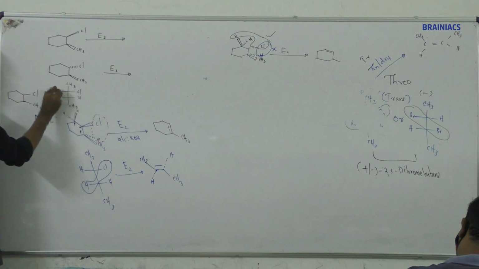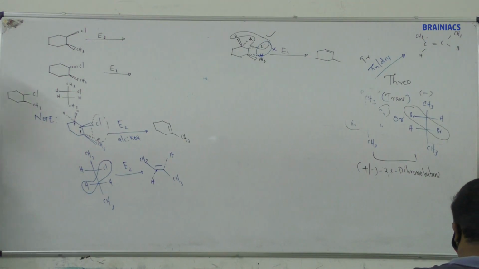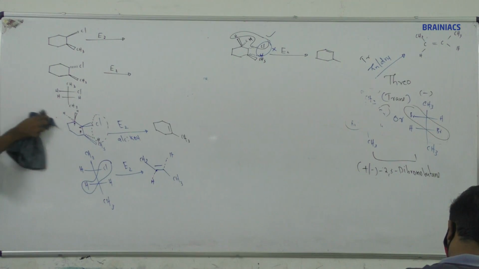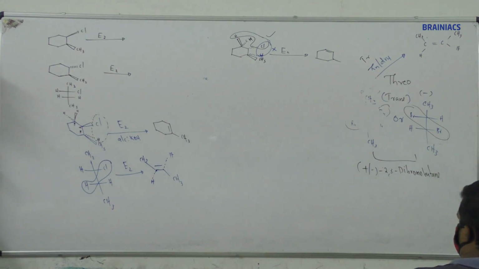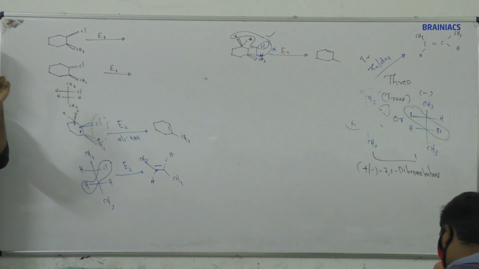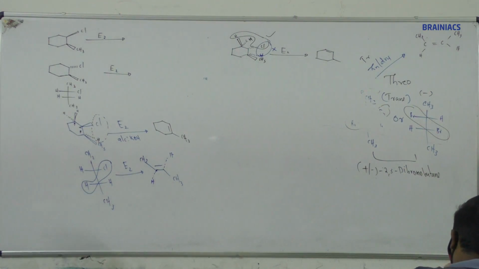You copy the question first, then make the answer separate. In elimination, hydrogen and halogen should be anti-periplanar, meaning opposing plane. That is the point that you have to remember.